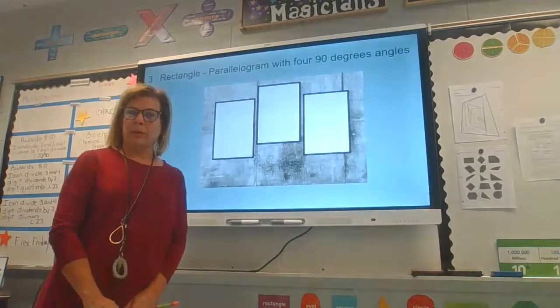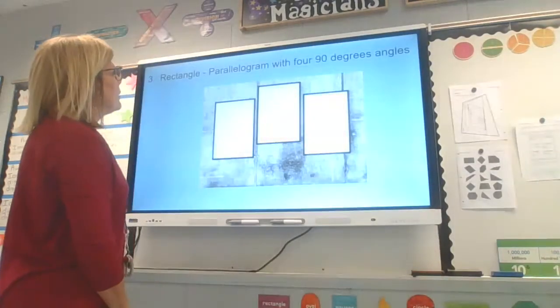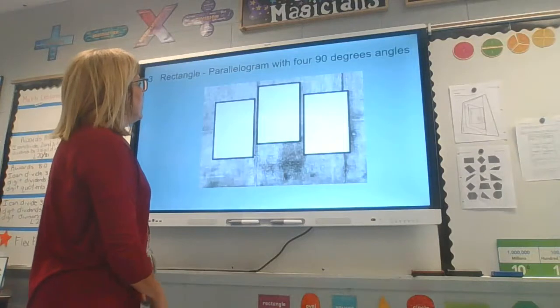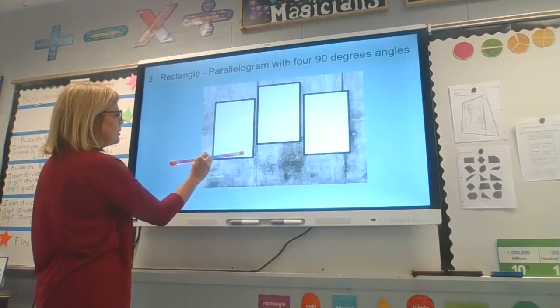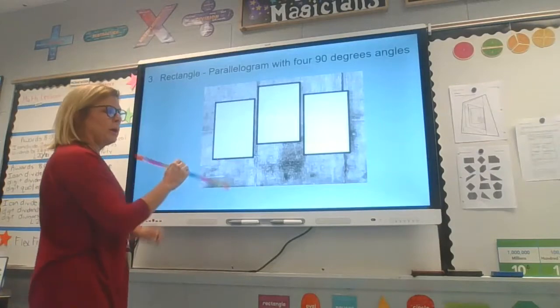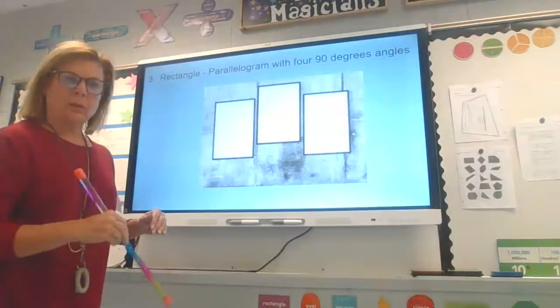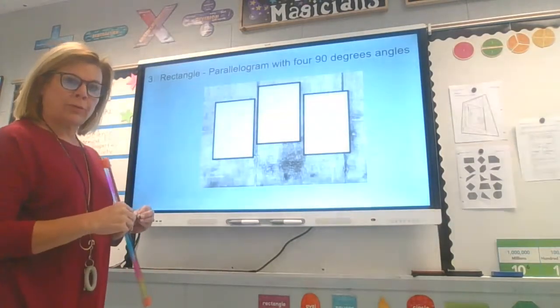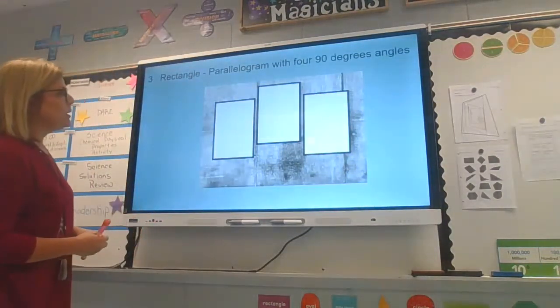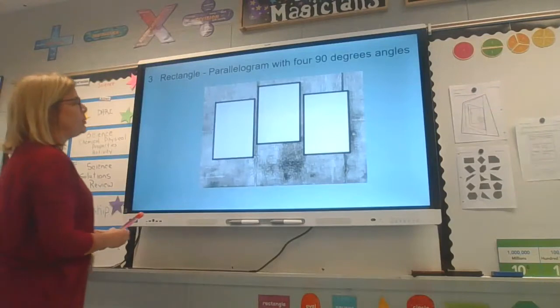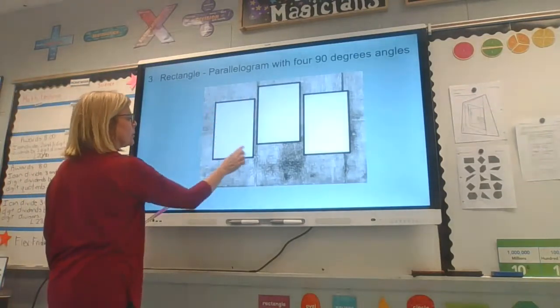It makes a complete square. You have one, two, three, four. If you make your 90-degree angle, it should make a perfect square. It has four 90-degree angles. One, two, three, four.